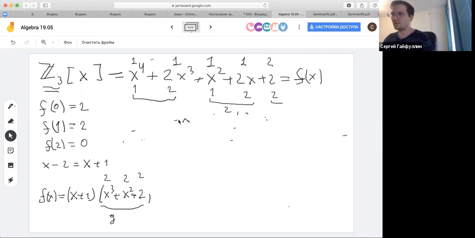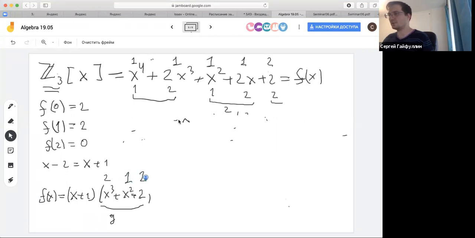Then let us try one more time. If I have 2, then x in the third is 2, x square is just 1, and here is 2.